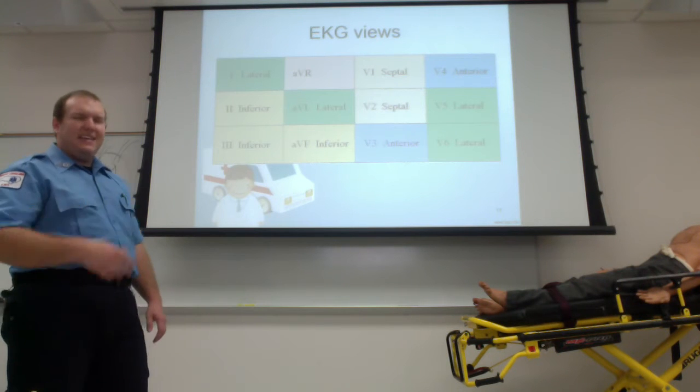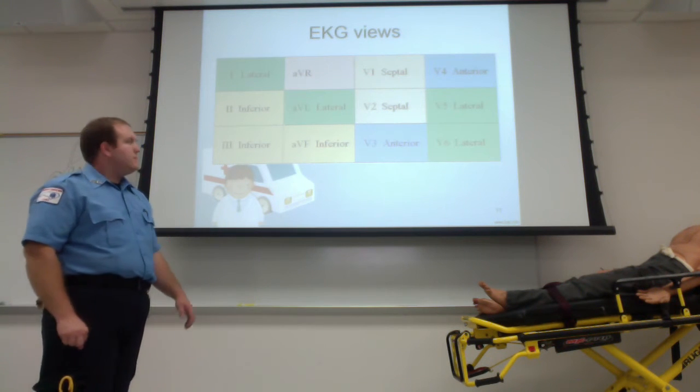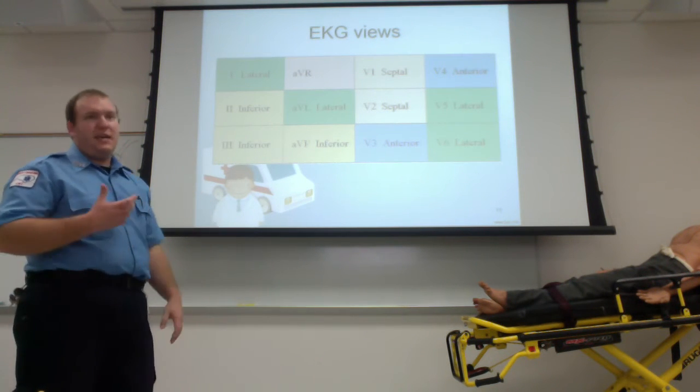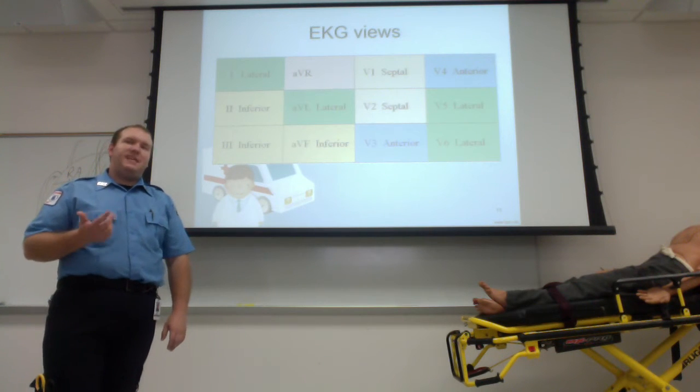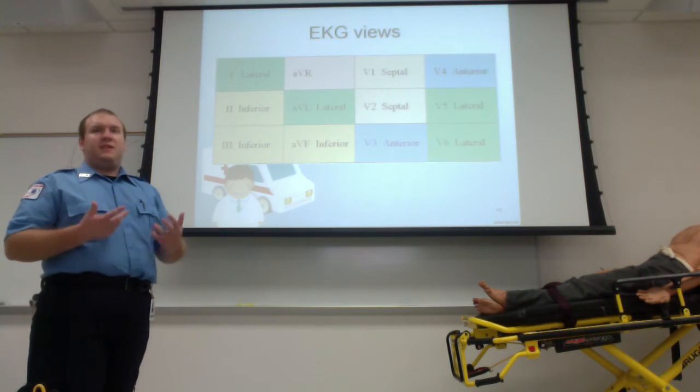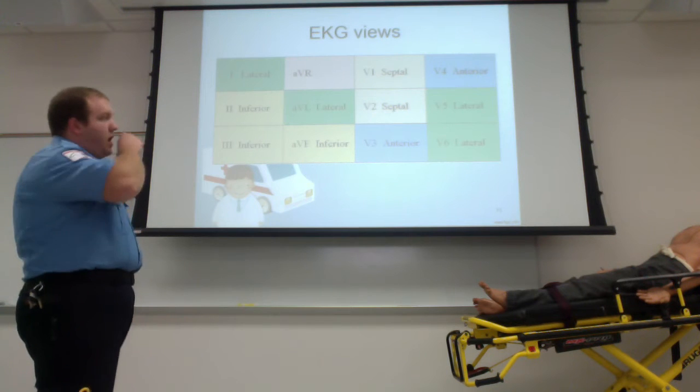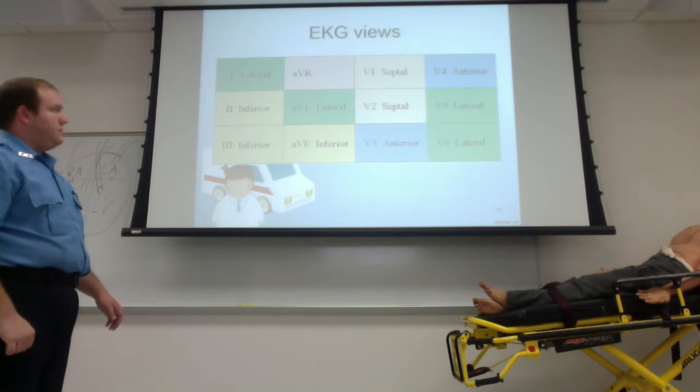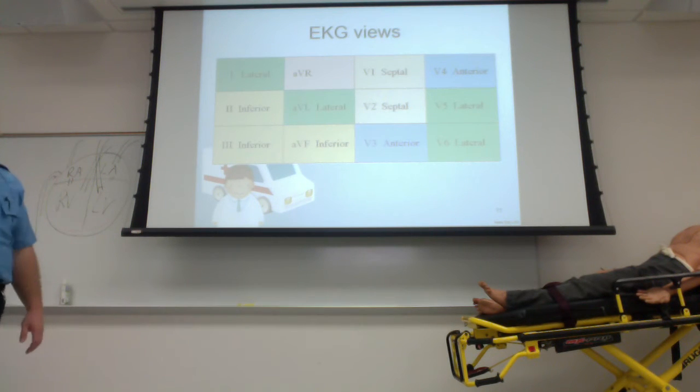We'll talk about that again in a little bit, but real quick, if you see an inferior heart attack, you want to try to stay away from giving nitro, just because it can make the patient worse off. Anyways, just a quick review on that. We can now pass around some 12 leads in a minute so you can actually see it. And any questions on that?